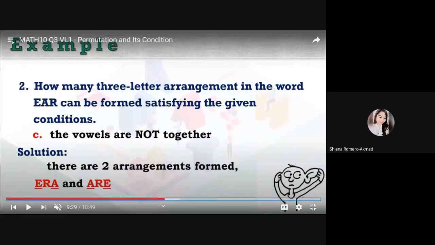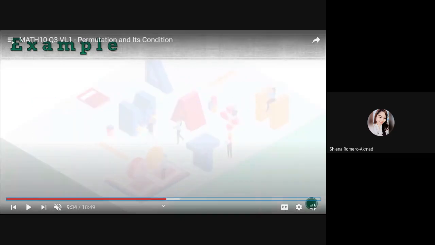Okay? So aside from arranging the letters, as you can see in the given problem, there are instances that you will be given a certain permutation with condition. So dapat alam ninyo alin yung condition na binigay.